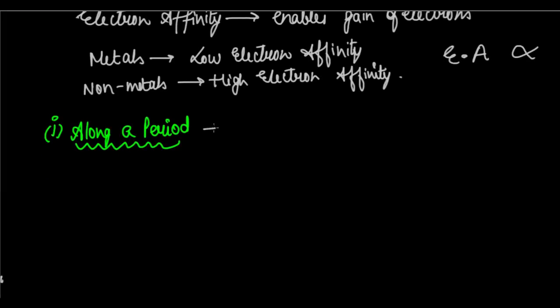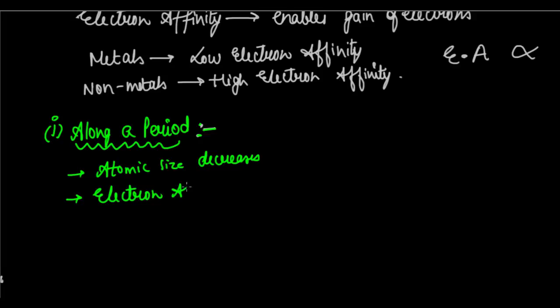Along a period, your atomic size decreases, right? Since atomic size decreases, as a result, your electron affinity will increase, because they are both inversely proportional.